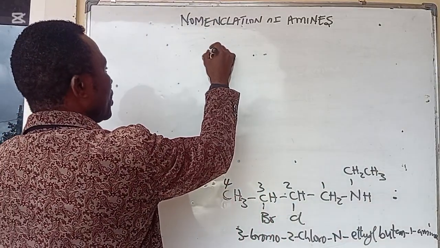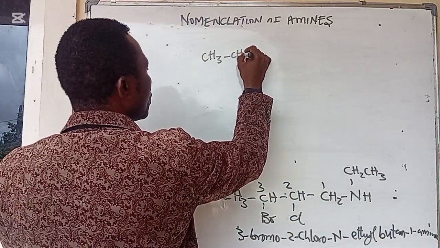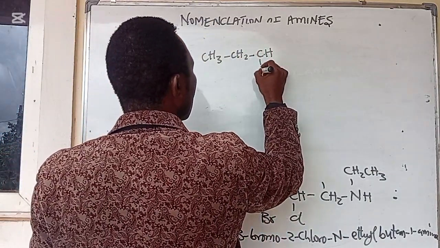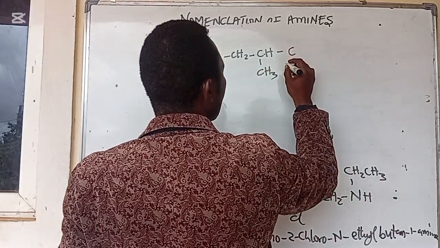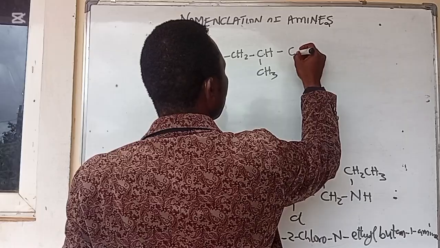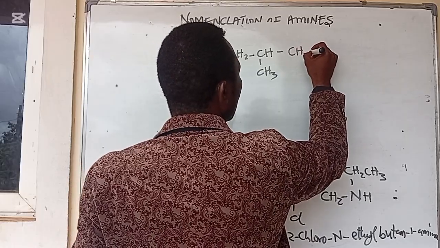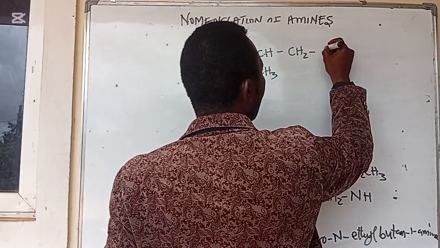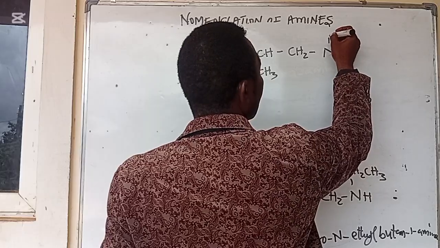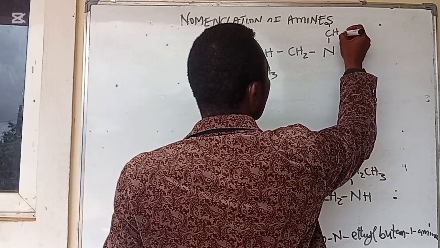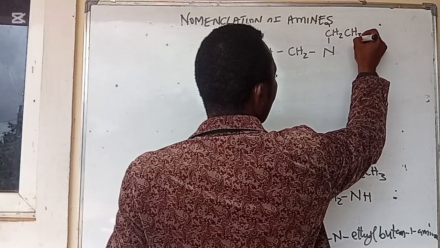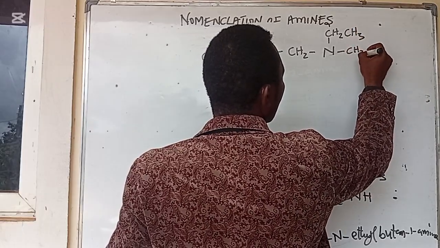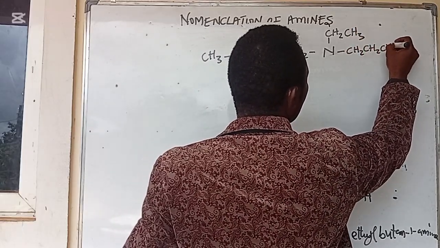So when we have CH3, CH2, CH, CH3, you have a CH2, then you have N, then you have a CH2, CH3, then you have CH2, CH2, CH3.